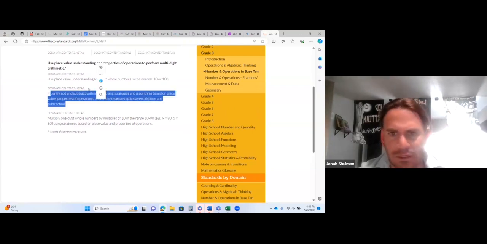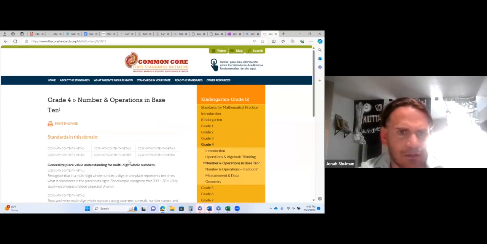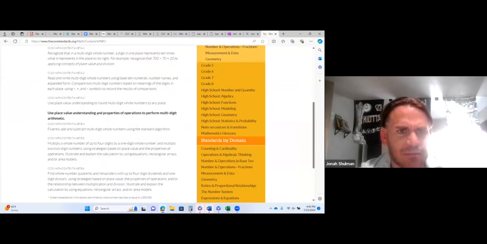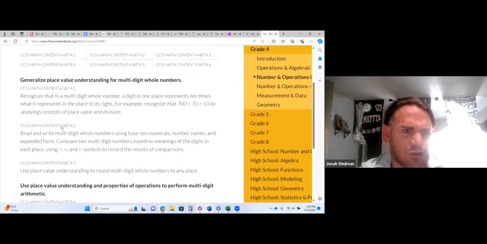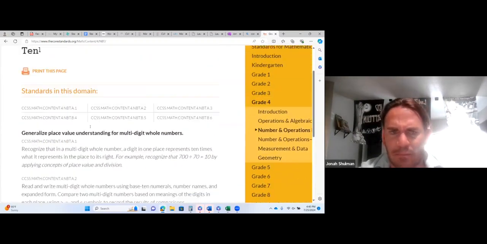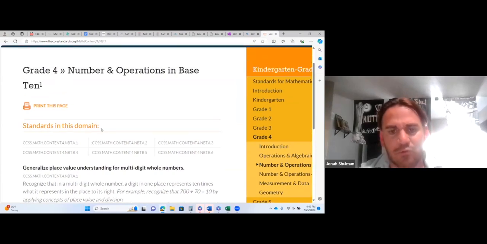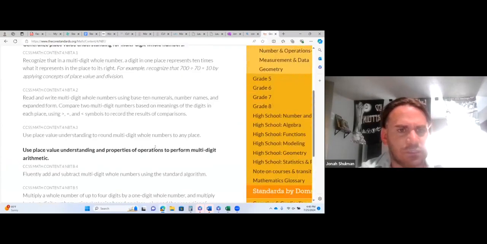So this one is connected to this one, right? So we should be able to see how they're combined and where they come in. The 4s for grade level 4, but it's really close to ones before it. So you should really have an idea of all the ones that are connected to it.